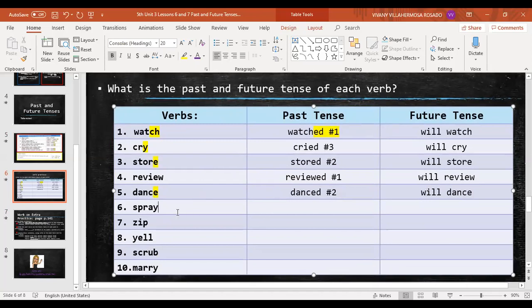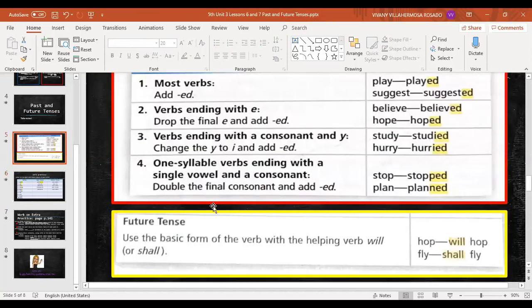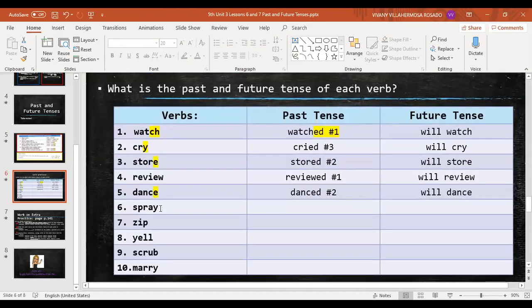Now, I look at spray, and I'm like, oh, I know that there's a rule for verbs ending in Y. I know it. Let me double check it. Let's see. Yep, here we go. Rule number 3 talks about verbs ending with a consonant in Y. So let me go back to this verb and double check. Spray.